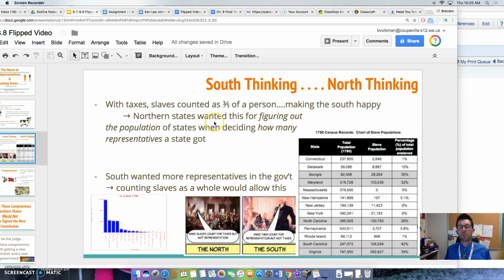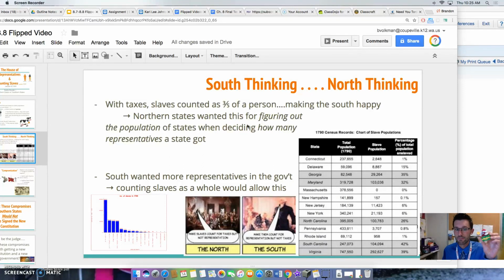Now, the northern states wanted this line of thinking when it came to figuring out how many people to send to the House of Representatives. Their thought was, southern states, if you're not going to view slaves as a whole person when figuring out how much tax to pay, you shouldn't view your slaves as a whole person when figuring out how many representatives you get to send to the House of Representatives.